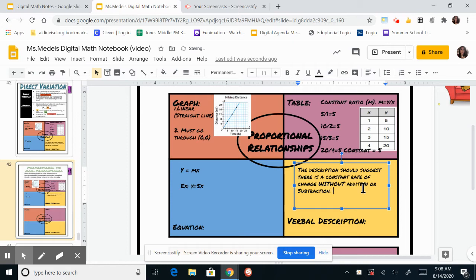Okay, so the description should suggest there is a constant rate of change without addition or subtraction.